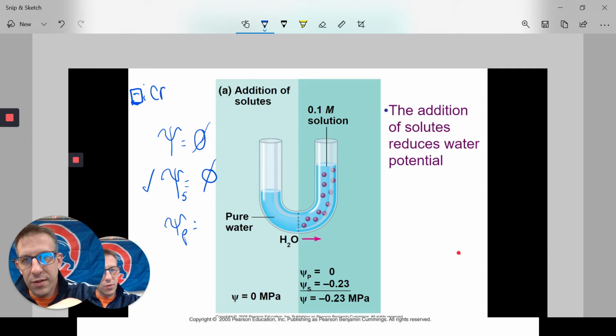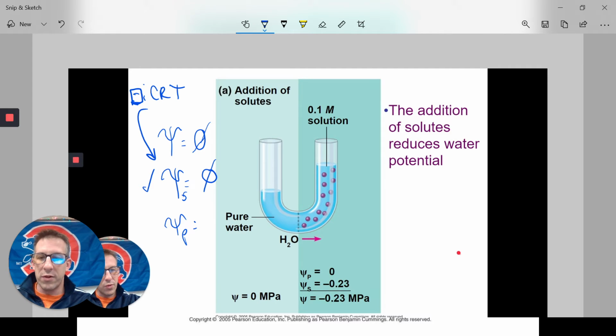Negative iCRT is used to figure out solute potential. So if you have any solute in there whatsoever, the value of the solute potential is going to be negative. If it's 0, that means there's no solute in there, okay? And we can assume, since they don't really say anything, that the pressure potential is 0.